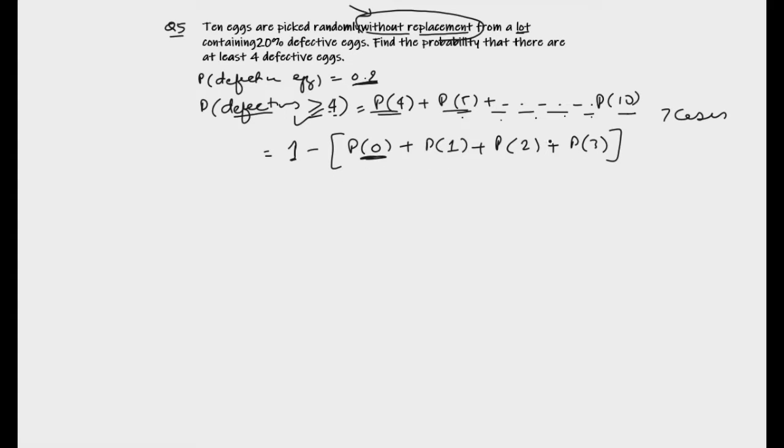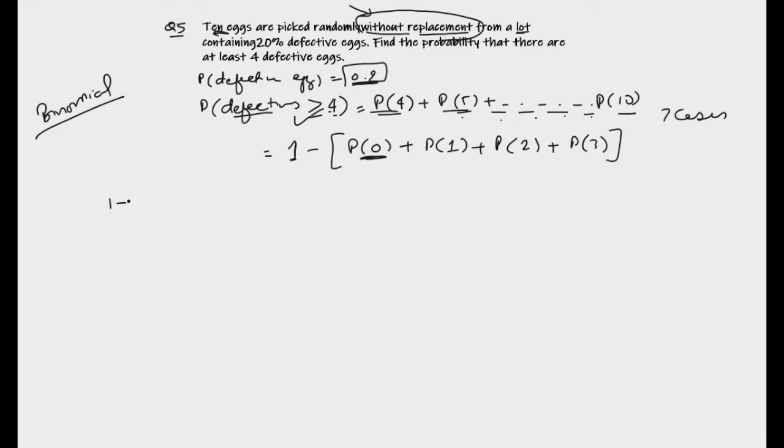And that's what I'm going to do now. And I'm going to use binomial probability in this, right? Because the probability remains same and we have a fixed number of 10 selections. Okay. So because 10 eggs were selected, so we can use binomial probability.